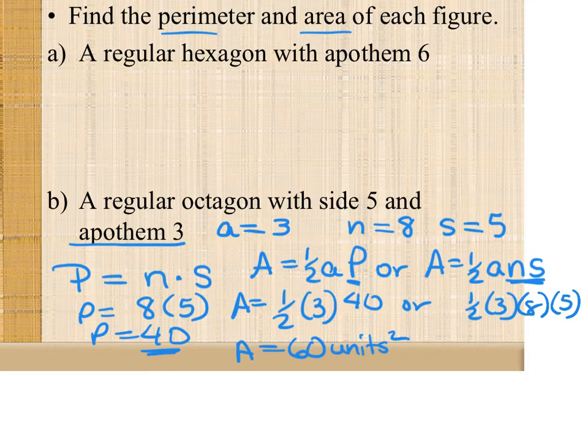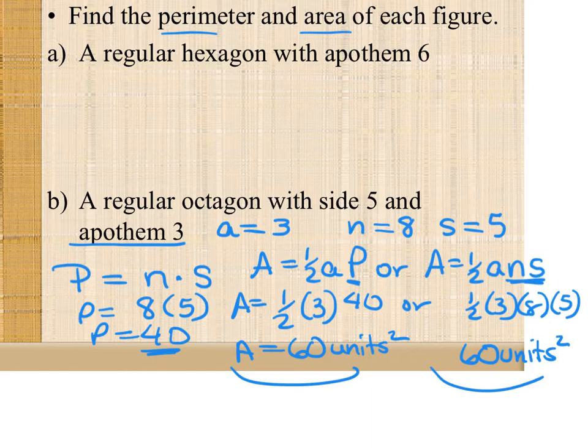So even if I multiply it this way, 8 times 5, 40, times 3, 120, divide by 2, I still get 60 units squared. It doesn't matter which formula you use, they're both going to give you the correct answer for area. So if they're not asking you to find perimeter, use the second one and just find ANS.